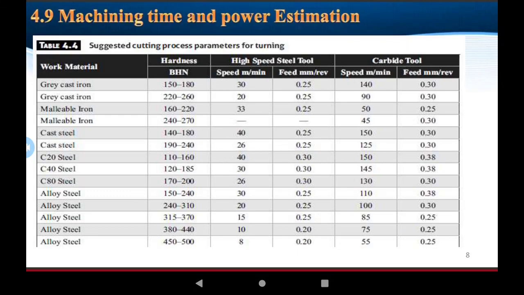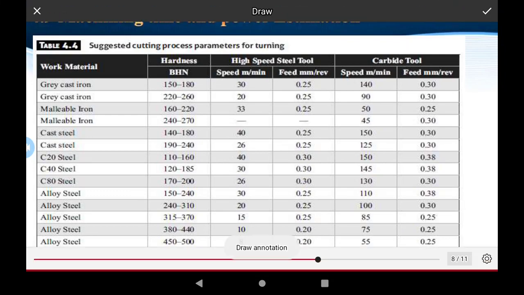Gray cast iron is brittle, with a hardness number of 220 to 260. The speed is 20 meters per minute, and the feed rate is 0.225 per revolution.